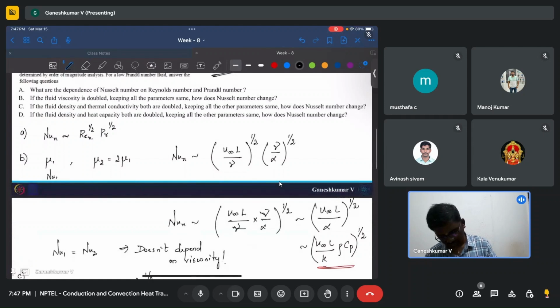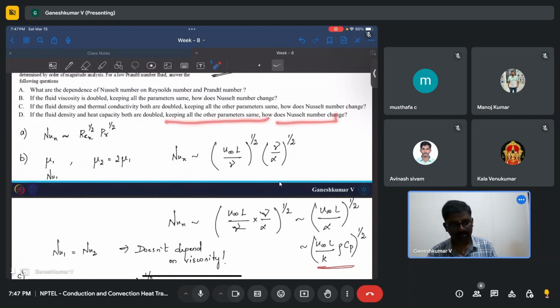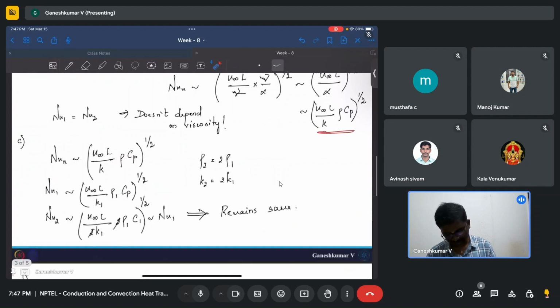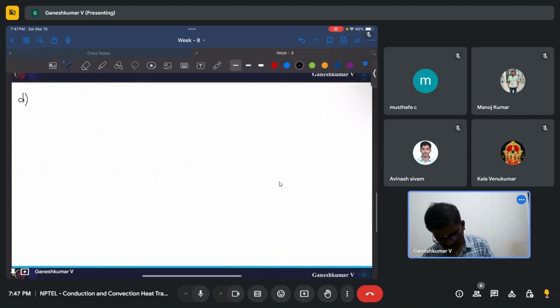Now the third question is, if the fluid density and heat capacity both are doubled, keeping all the parameters the same, how does the Nusselt number change? Previously it was fluid density and thermal conductivity. So now it is fluid density and heat capacity. Cp2 is 2 times Cp1. So again, let's write the correlation.